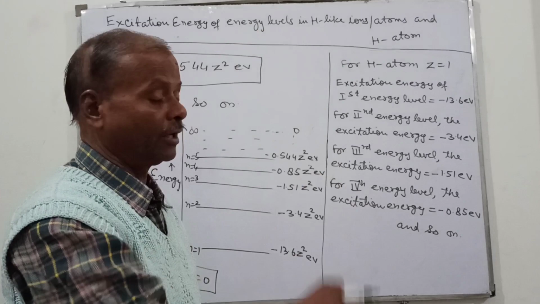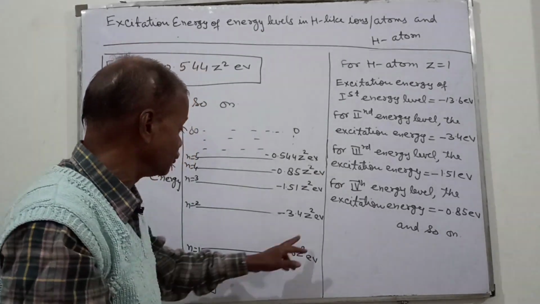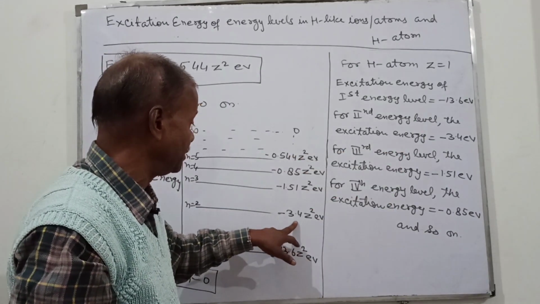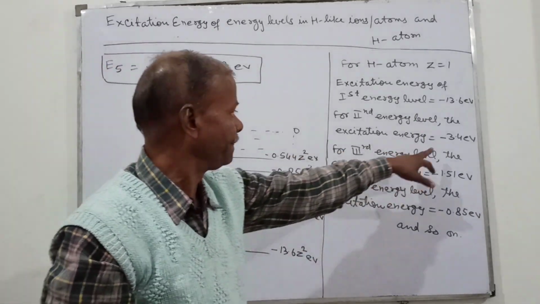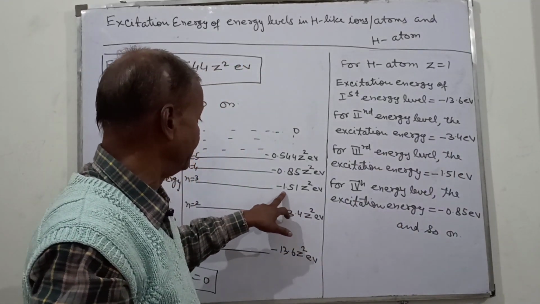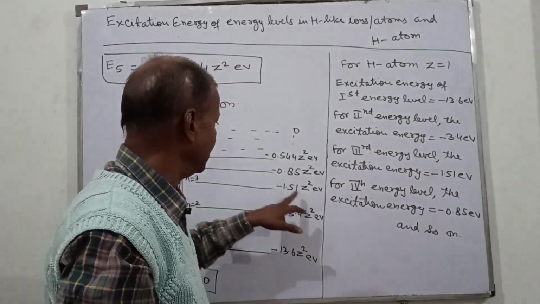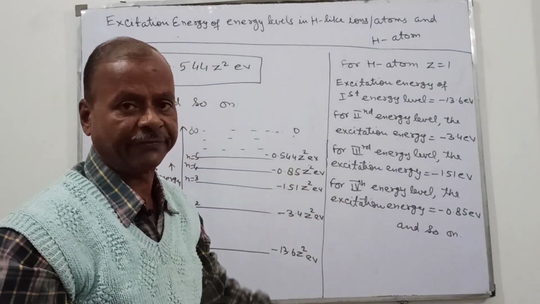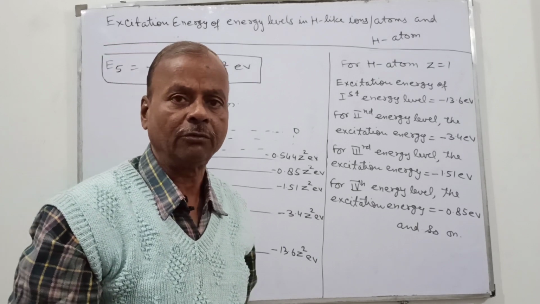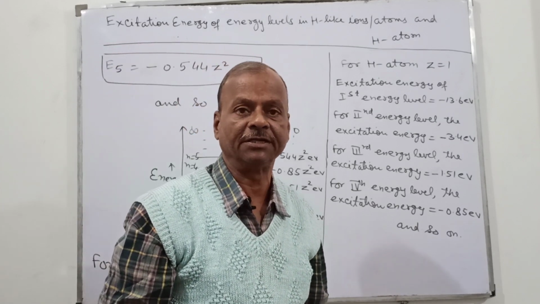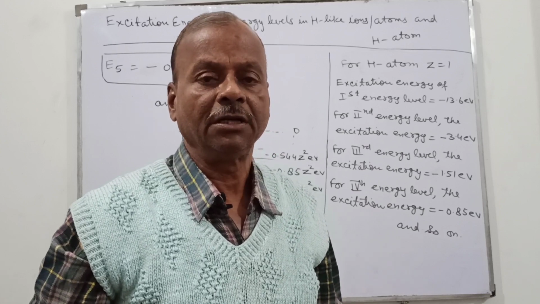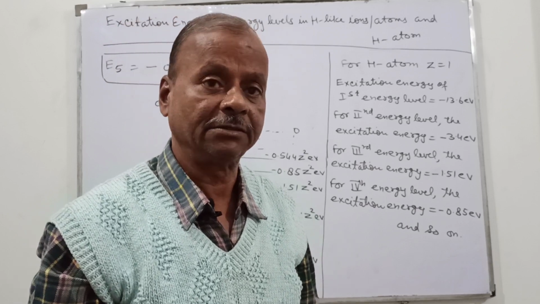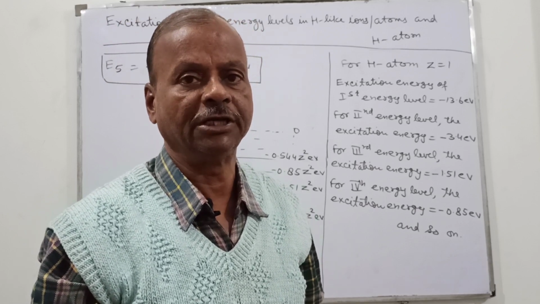So for the hydrogen atom we keep the value of Z equal to 1. Here it is 13.6, minus 3.4, minus 1.51, minus 0.85, and for the next one 0.544 electron volt. So these are the excitation energies of the energy levels of the hydrogen-like atoms or ions and the hydrogen atom. Thank you very much.